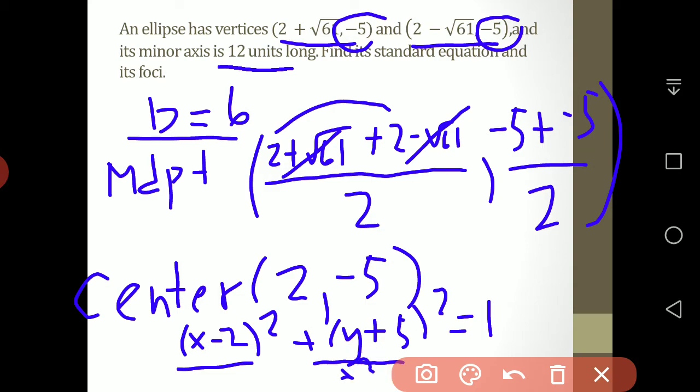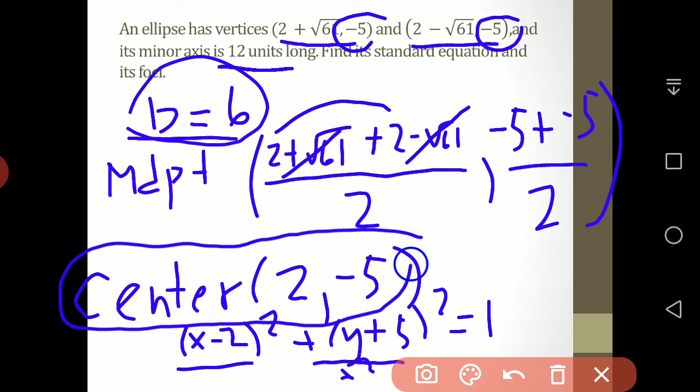Still we don't know what a is. However, if we know b already and the location of the center and actually the vertices, we can get a. So I'm going to erase all of this and try to get a from the information that we have, since that's the only thing that is missing. So how do we get a?